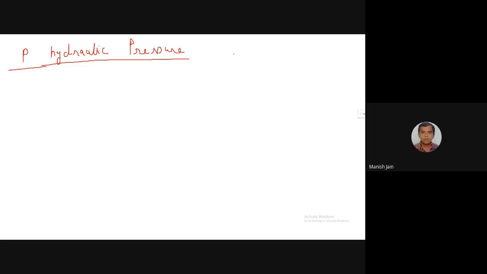Yes, so this is the force per unit area. That is the pressure. Now tell me, is pressure a vector quantity, a scalar quantity, or a second order tensor quantity? Sir, second. Yes. By definition, pressure is a second order tensor quantity.